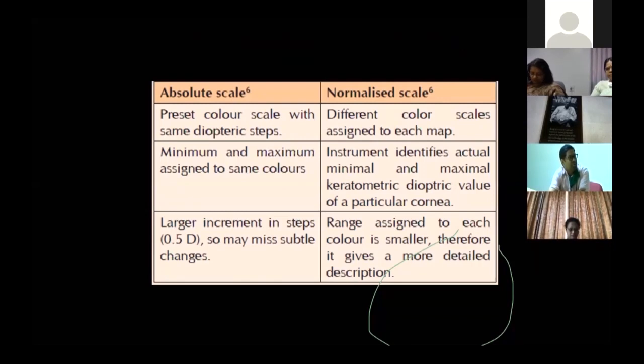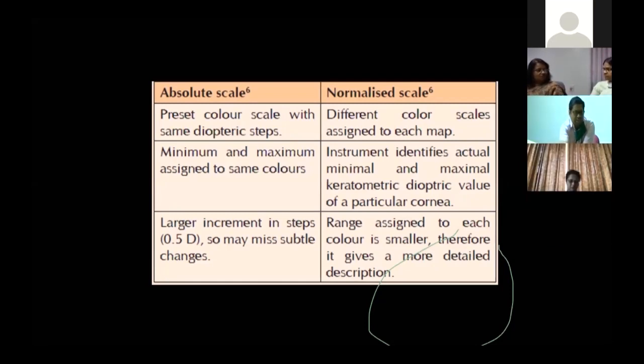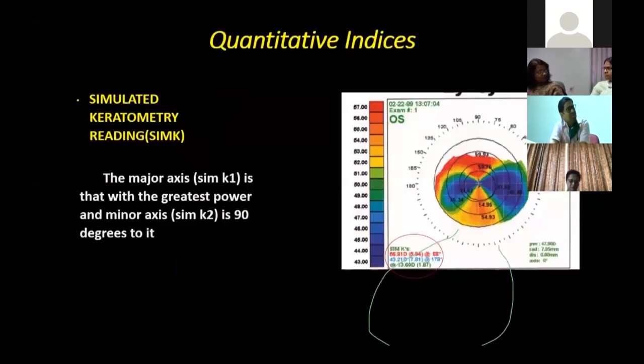In the absolute scale, larger increment steps of 0.5 to 1.5 diopters can be used, and this might miss the subtle change. So for detailed description, you have to use the normalized scale. So these are the indices which have to be seen with respect to corneal abnormalities.